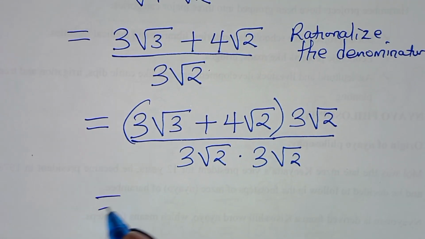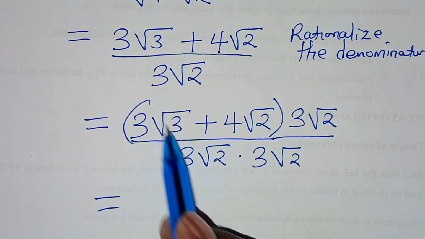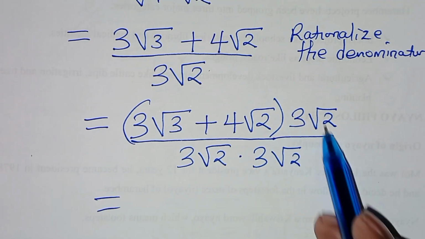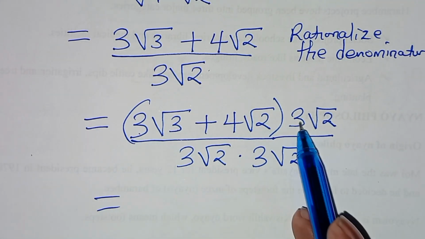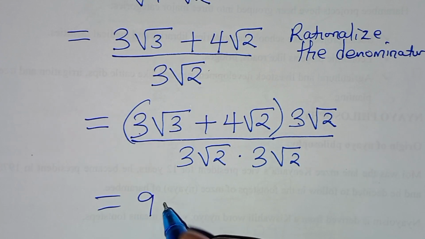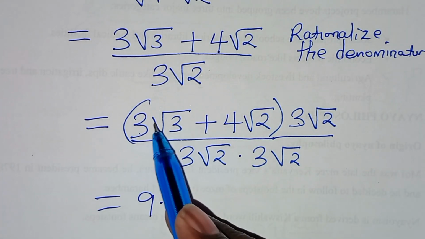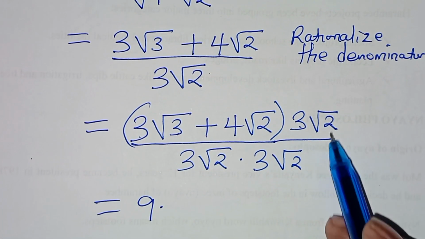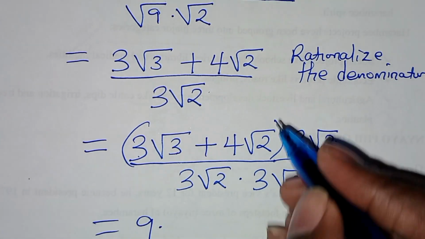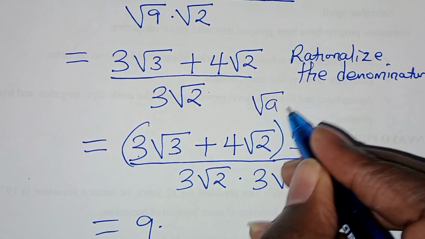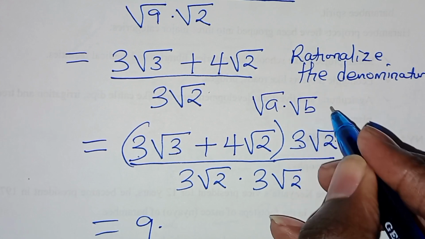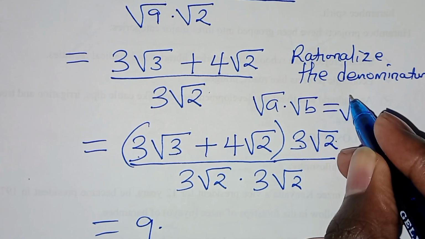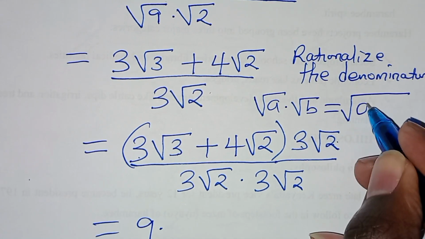So the next step here, we'll have 3 square root of 3 times 3 square root of 2. So 3 times 3 is 9, multiplied by the square root of 3 times the square root of 2. This means if you have the square root of a times the square root of b, this can also be expressed as the square root of a times b.